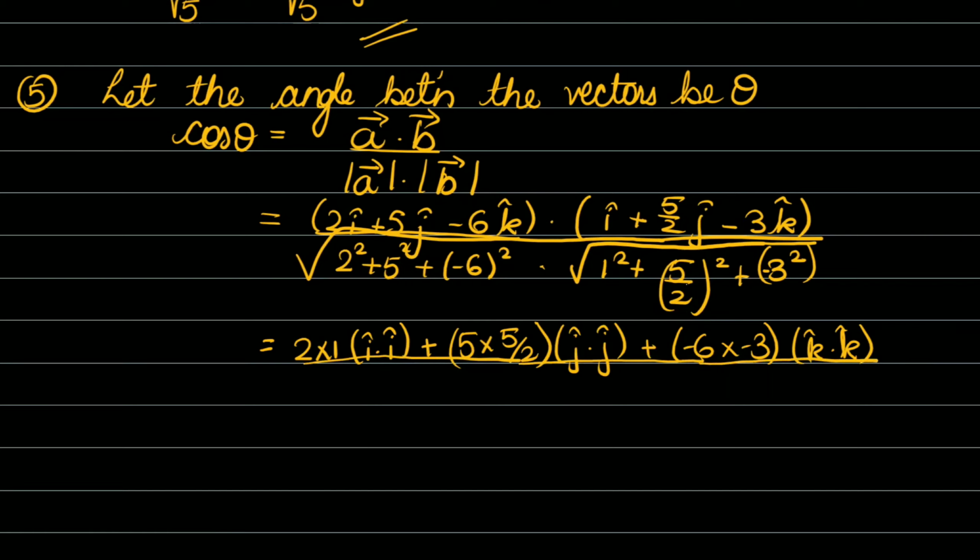Divided by under root 2 square is 4 plus 25 plus 36, times under root 1 plus 25 by 4, since 5 by 2 the whole square is 25 by 4, plus 9.